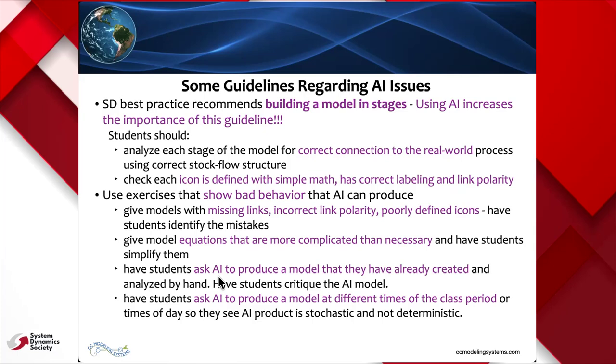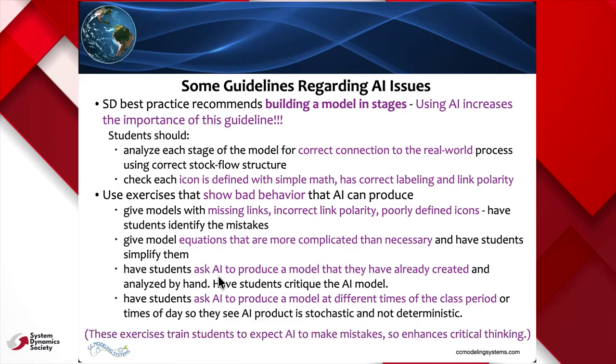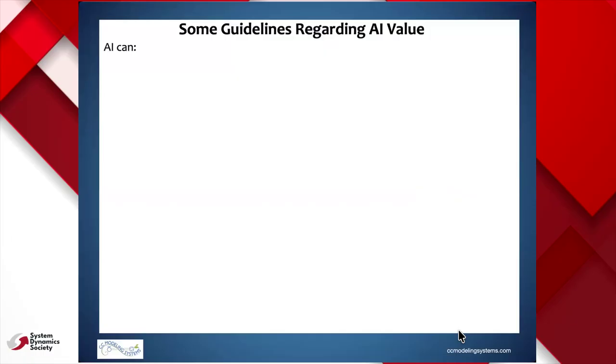It is stochastic, which means it's built on probabilities, so it's not always going to give you the same response. That's another important thing that should be part of the work you have students do when they're using AI with model building. These exercises train students to expect AI to make mistakes, so it enhances the students' critical thinking when they're working with artificial intelligence.